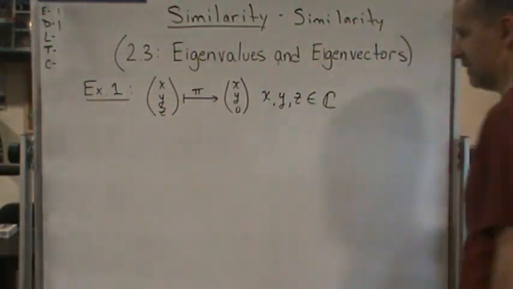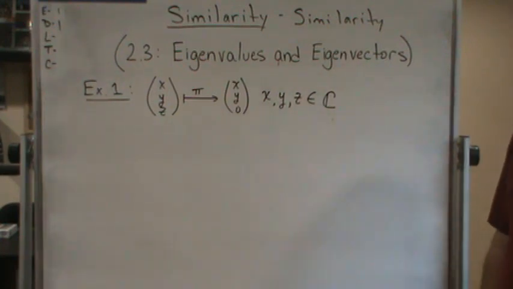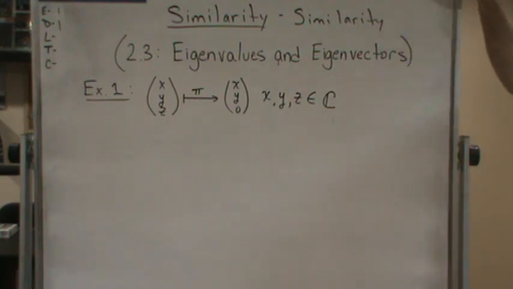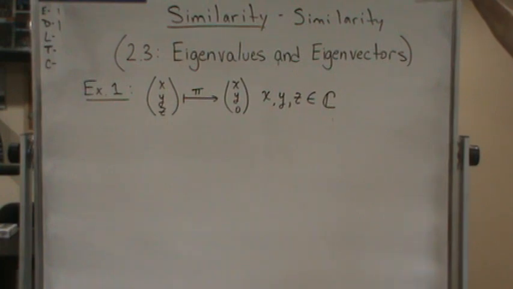Okay, so now in this example, we're dealing with the projection pi, right, that we've seen before. Now, before we get into this, just remember when we talk about eigenvalues and eigenvectors, I think it's useful to understand that eigen comes from the German word for characteristic of or peculiar to.